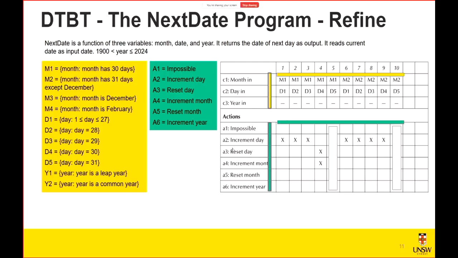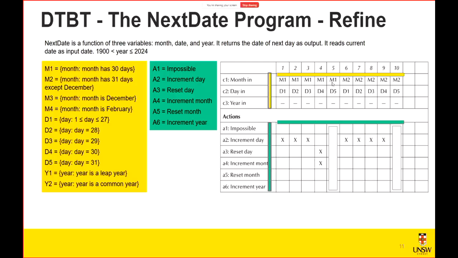So as you can see here, each set of conditions could cause multiple actions to be taken because we are considering a more fine-grained definition of actions, not just whether the program will accept to calculate the next date or not. So we can take 2 actions here.